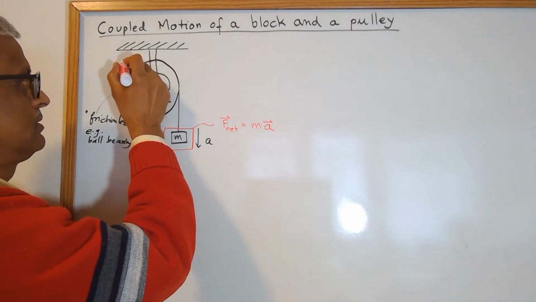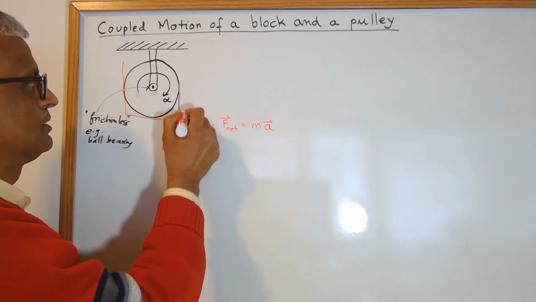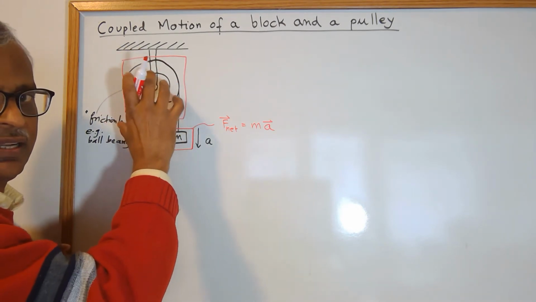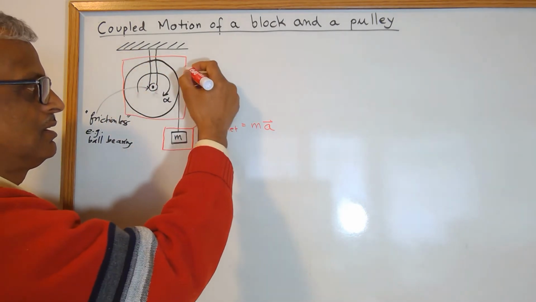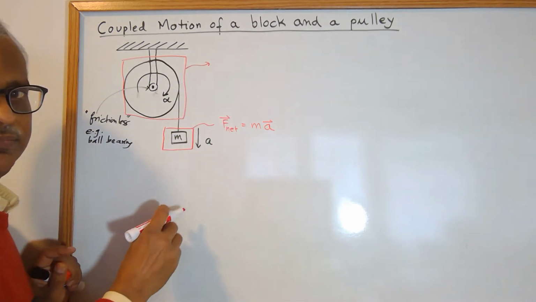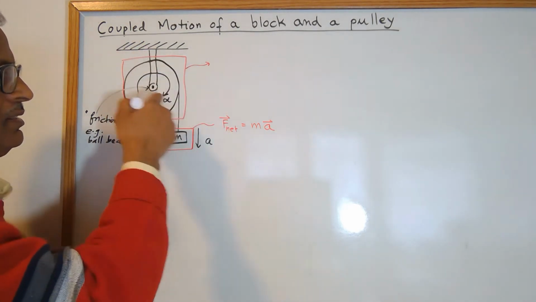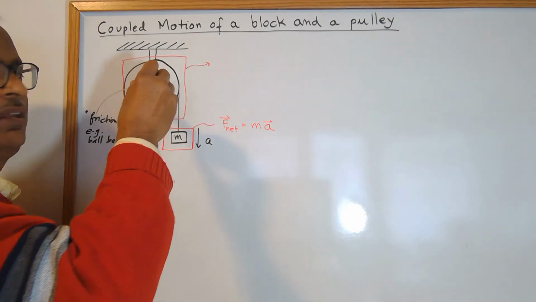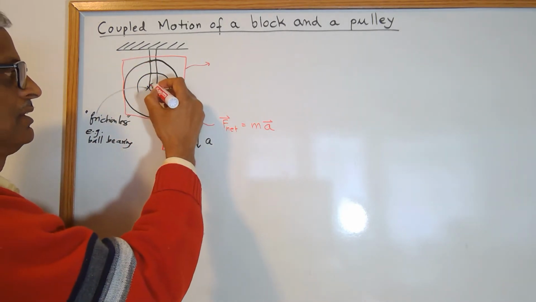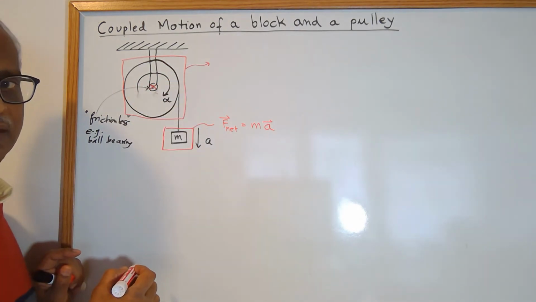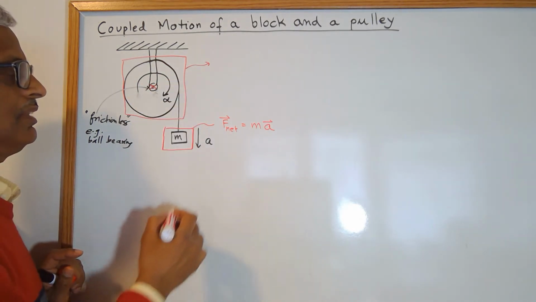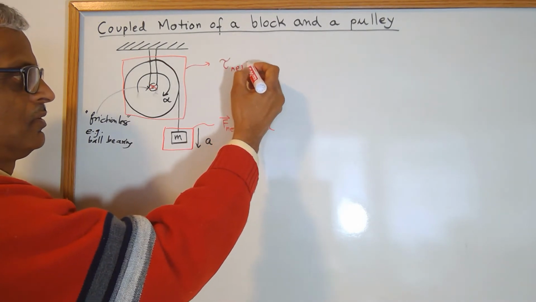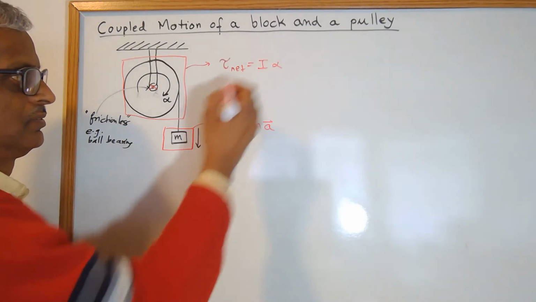And then there's another system, which is this pulley, with the axis so that this is positive, which means now I'm going to say the axis is pointing in, so the axis is like that. That's the positive axis direction. And there I'm going to have tau net equals I alpha.